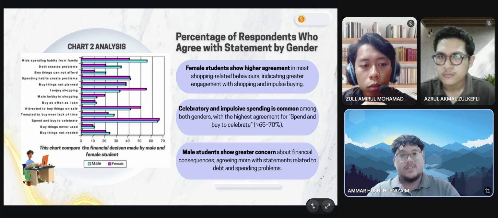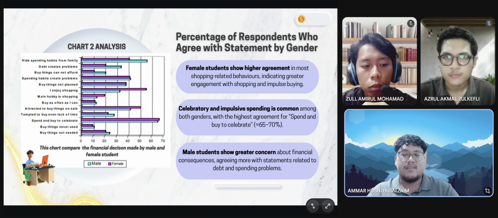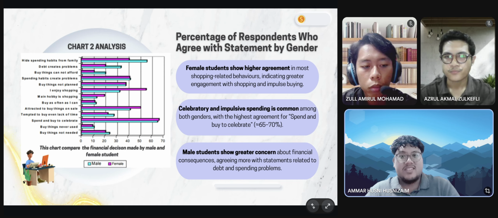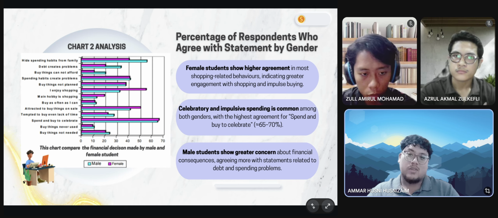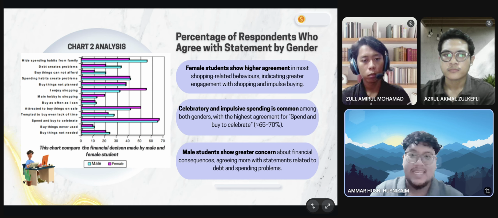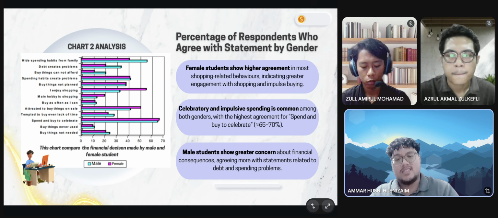At the lower end of the graph, both genders show the least agreement with statements like "buy things they never used" or "buy things that are not needed," with percentages remaining below 25%. This suggests that although students may engage in impulse buying, they do not always perceive their purchases as wasteful or unnecessary.